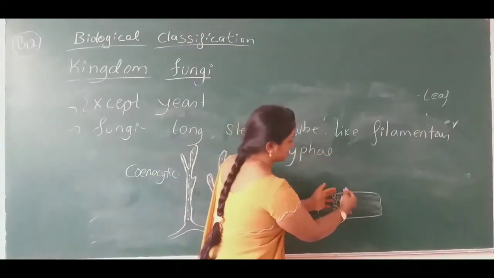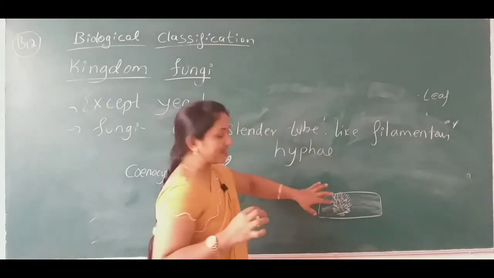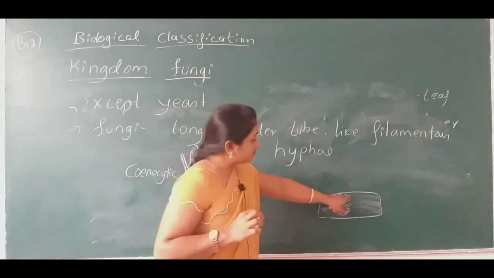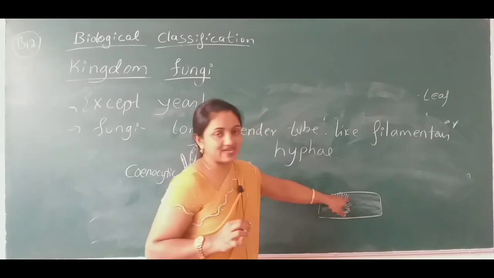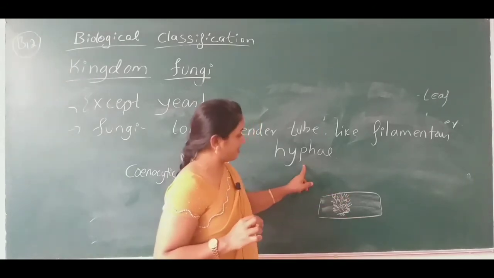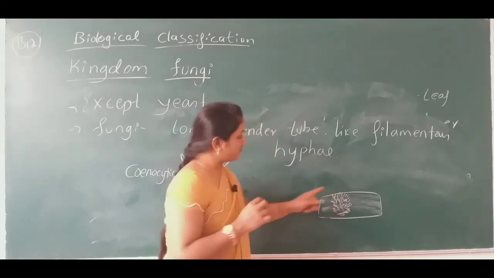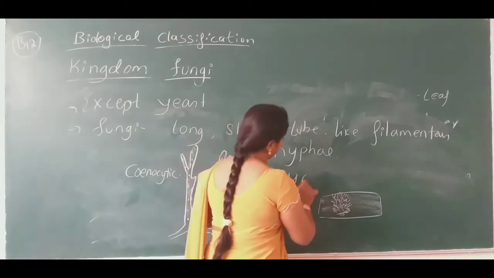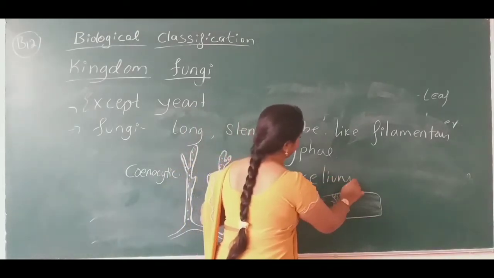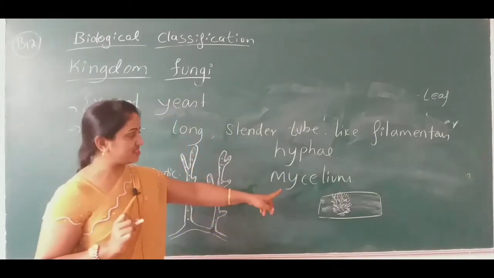That cluster is made of one thread-like tube structure known as hyphae. The network of hyphae is known as mycelium. Don't forget this word, mycelium.